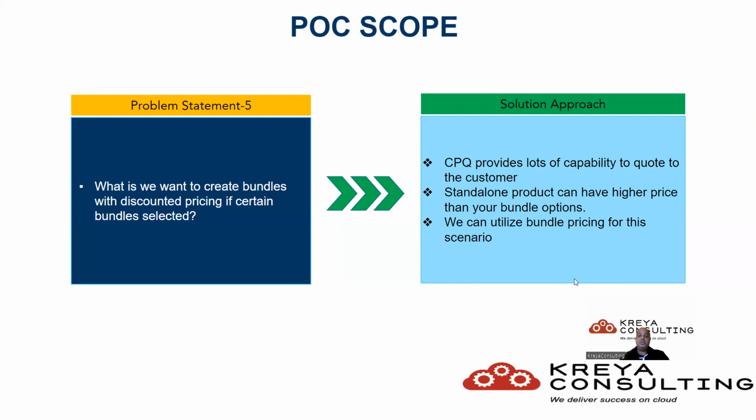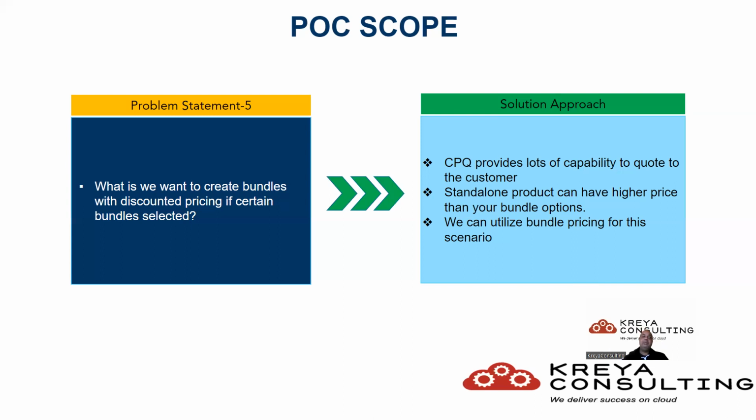CPQ provides a lot of capability to quote to the customer, meaning that a standalone product can have a higher price than your bundle option. If I am selling a product as a standalone, not in a bundle, in that scenario my standalone product may have a higher price than your bundle offering price.